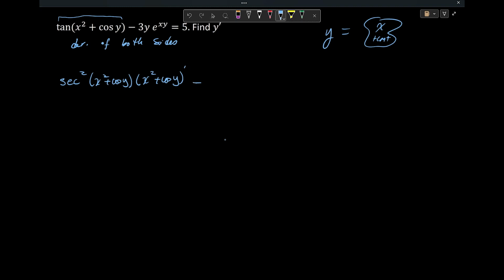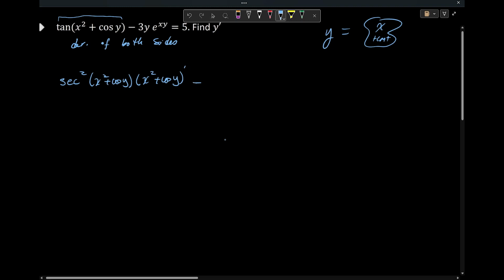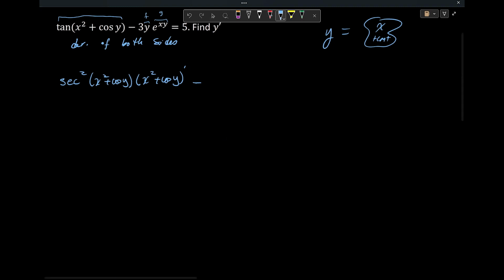Then minus, what do we have right here? We have here a product rule. Looks like there's an f and there's a g, right? Use the f, use the g. So from a couple of videos back, we will use the product rule for this one. And the 3 comes along for the ride. So here it is.